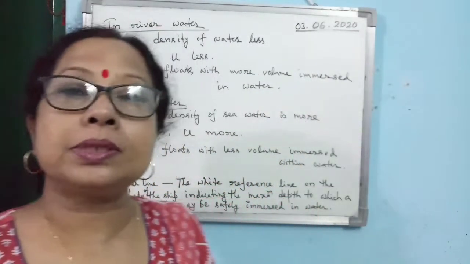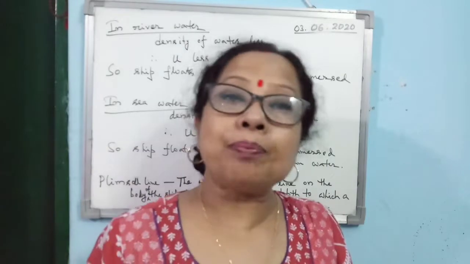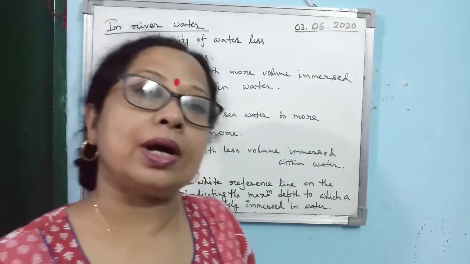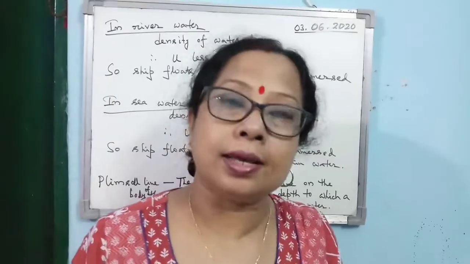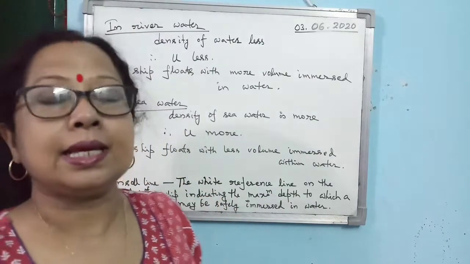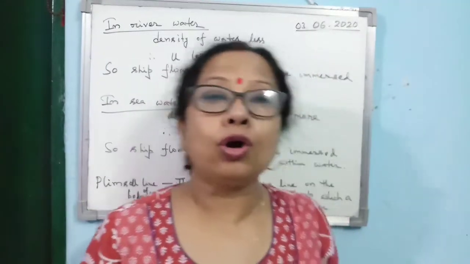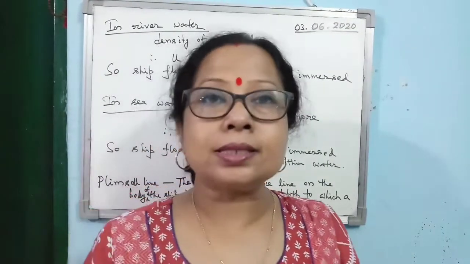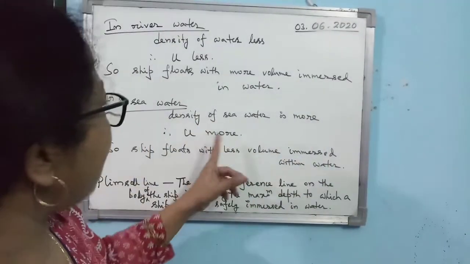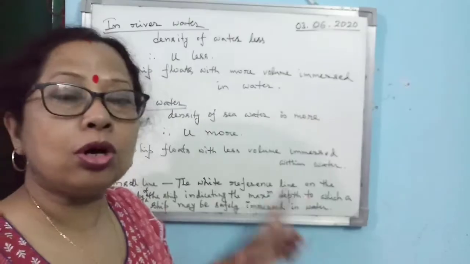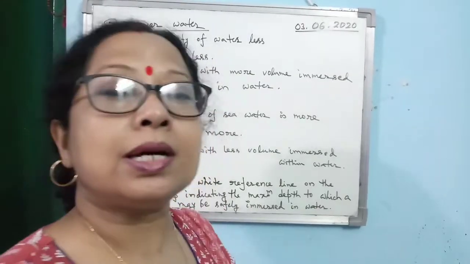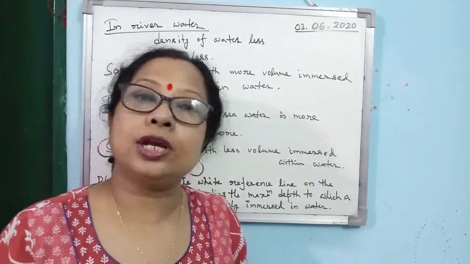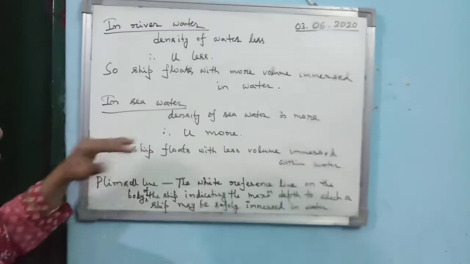The density of sea water is quite high, so the upthrust exerted by sea water on the ship is also high. Upthrust is more and weight is less, so the ship generally floats with less volume immersed in the water. So these are the two cases you must learn.